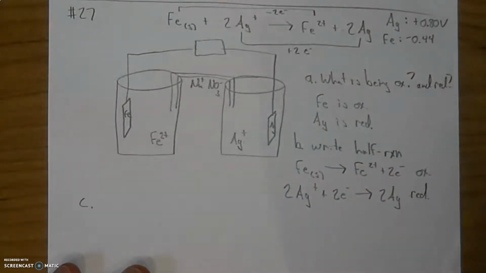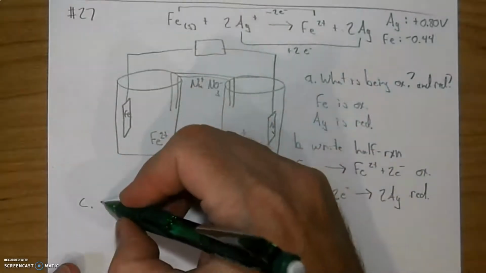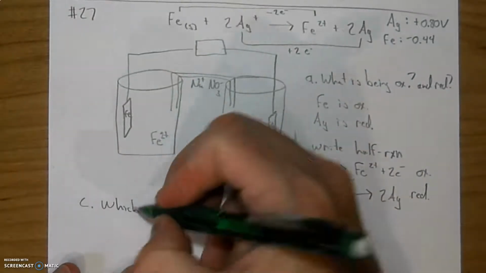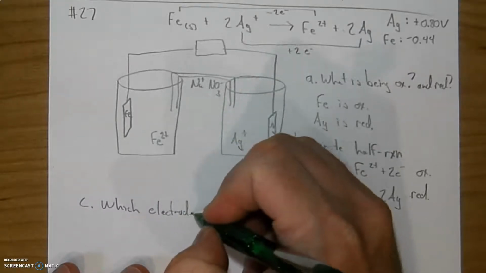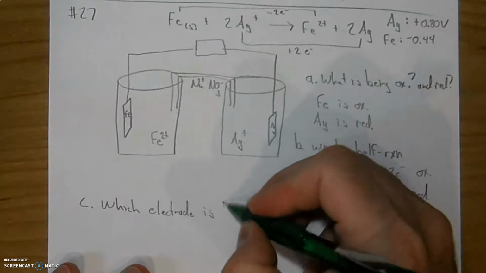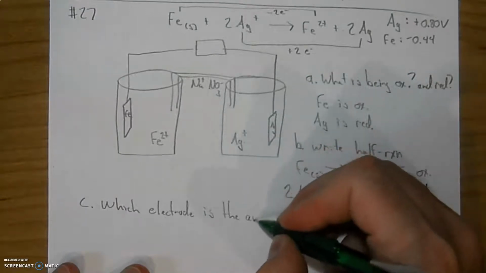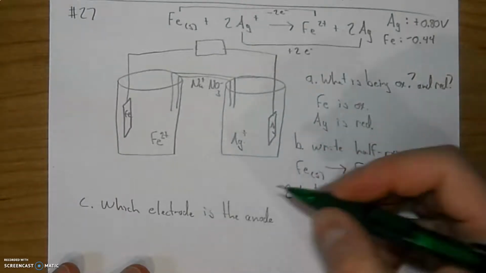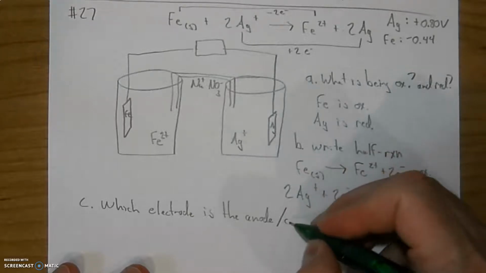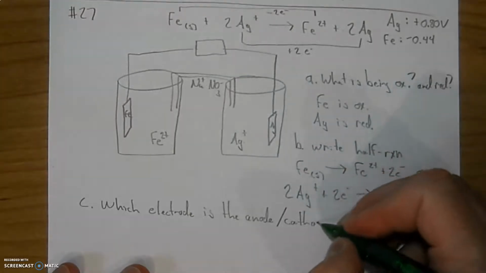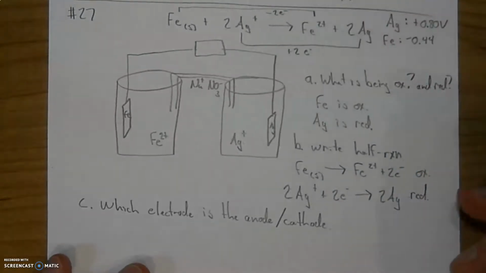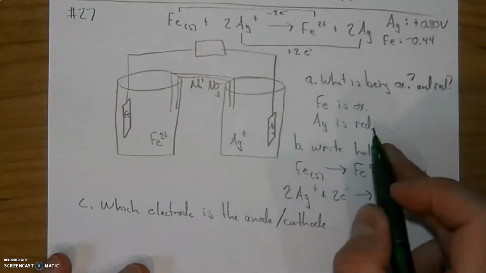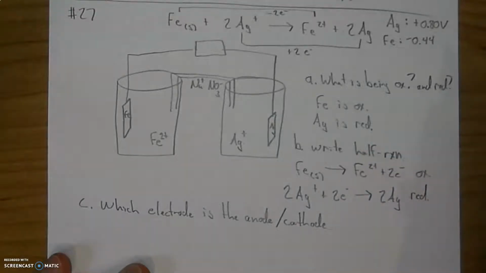For part C, the question is, which electrode is the anode and which is the cathode? I almost kind of answered this when we were going through here. So based upon what we were discussing in part A, we can do this pretty easily.